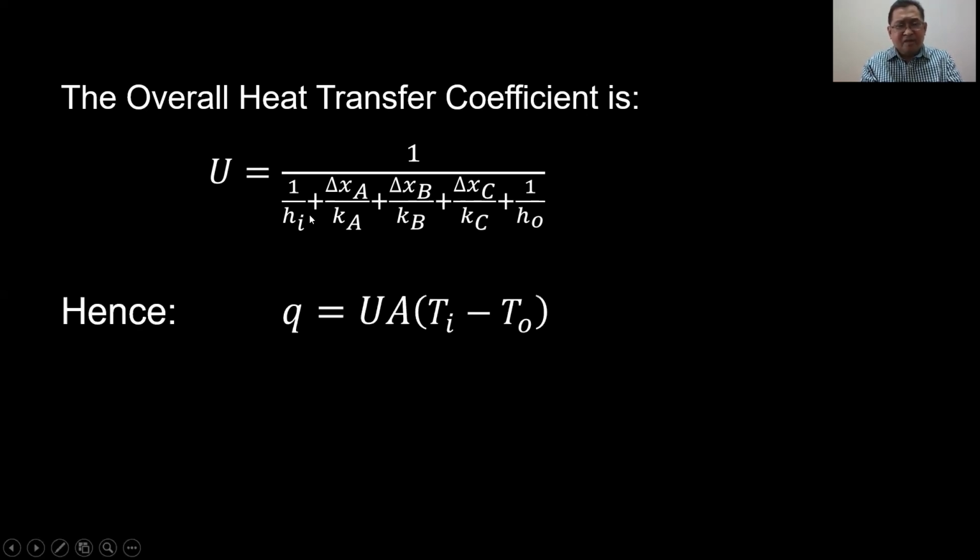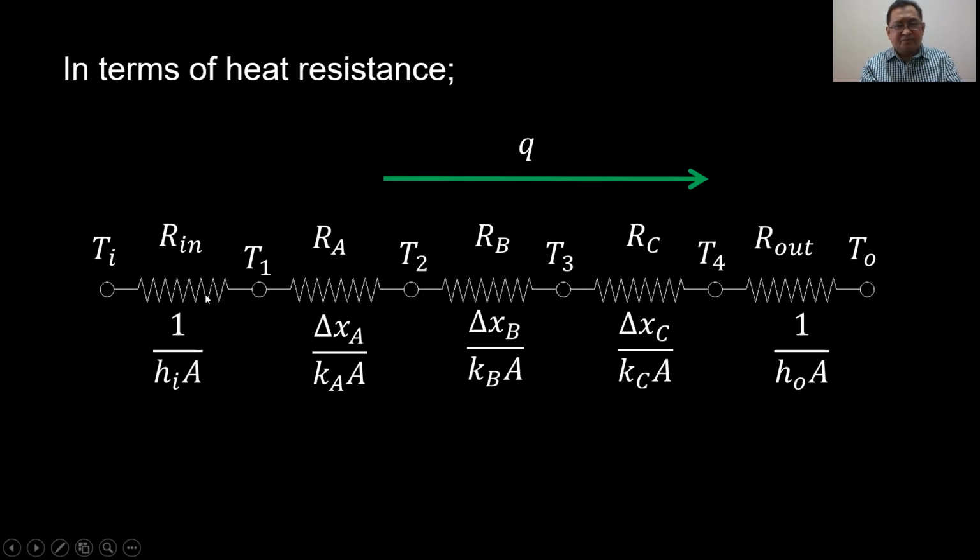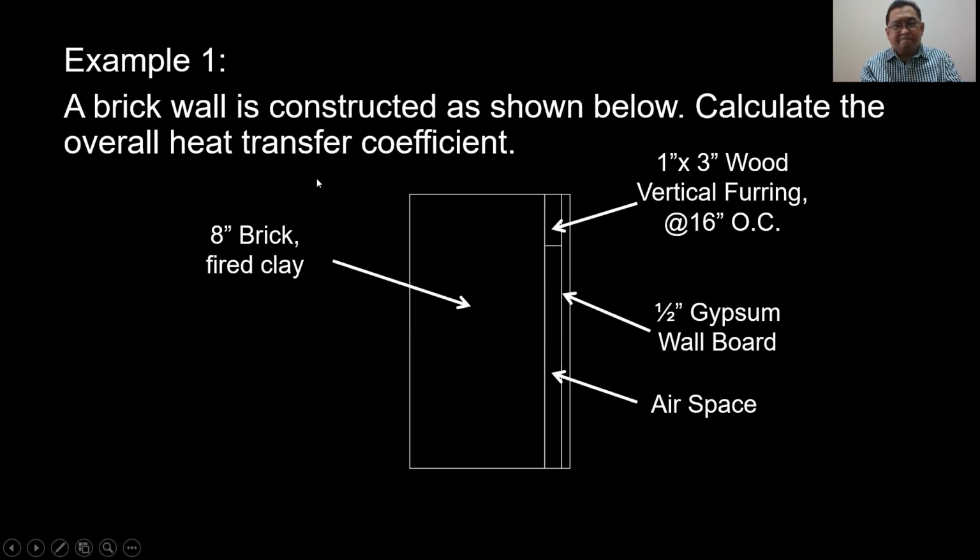So take note of the total resistance values. And Q, the heat rate, will be equal to capital U, the overall heat transfer coefficient, times the area, times the quantity (T sub i minus T sub o). And so in terms of heat resistance, you can represent it in this manner.